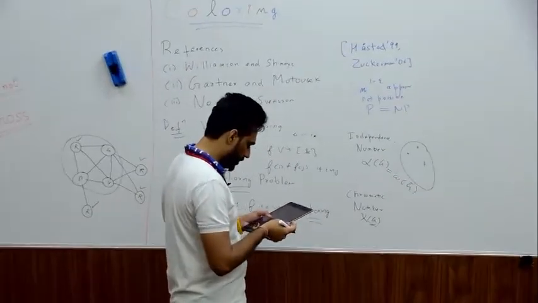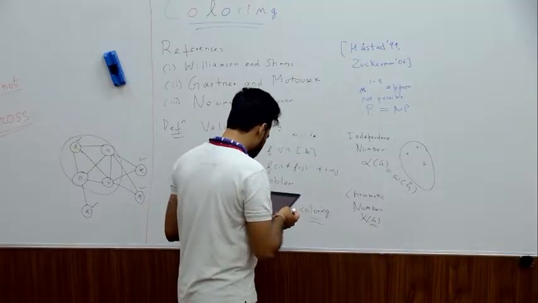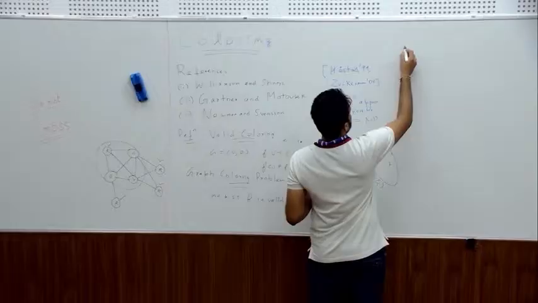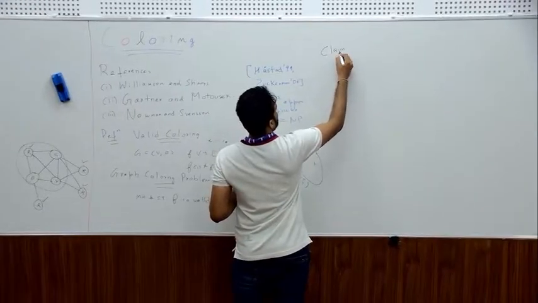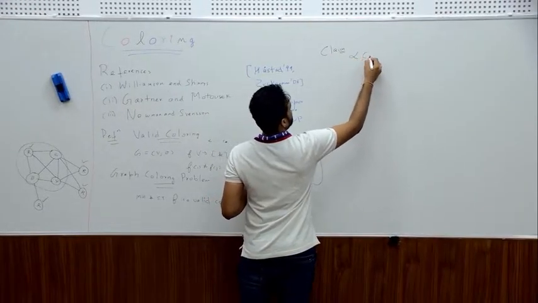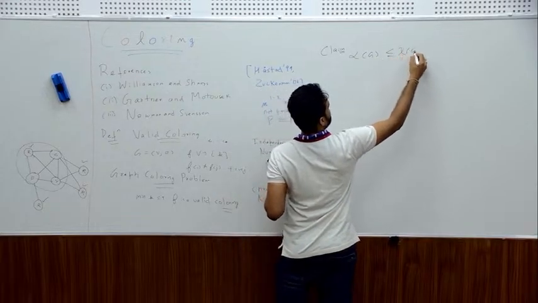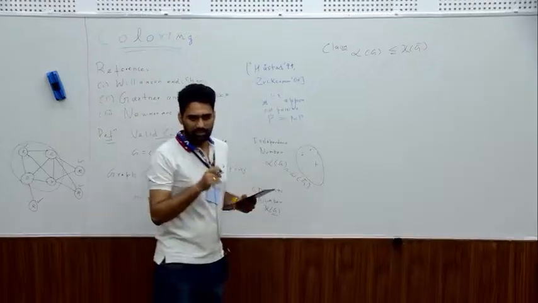In fact, you can notice this observation, let's write it here: alpha of G is at most chi of G bar. You see why this should be true?